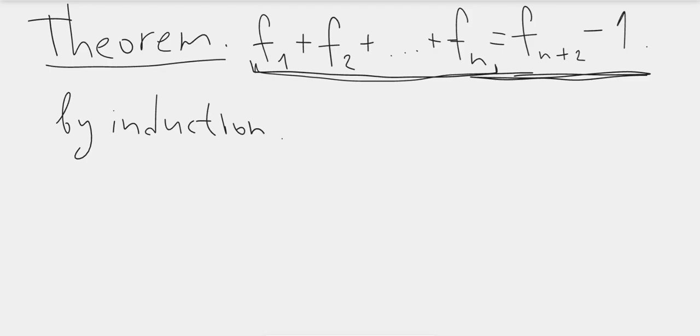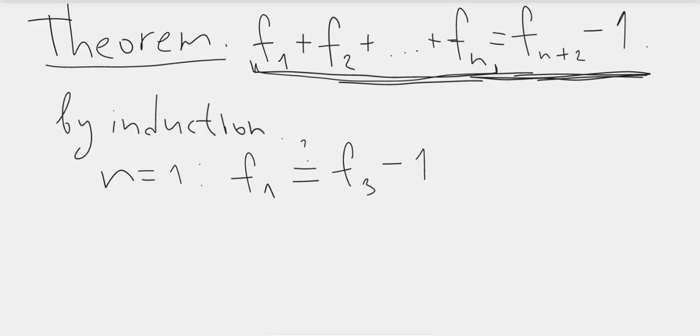First we check the case of n equal to 1. On the left side we have only f1. On the right hand side we have f3 minus 1.